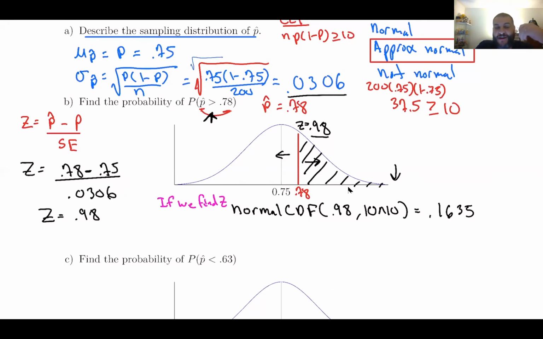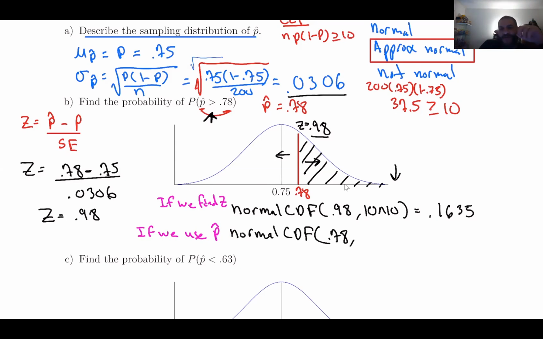But if you remember from 8.1, you can also do this if you just have p hat. So we'll do normal CDF, and for this one, we're going to use our p hat. So our p hat in this case is 0.78.